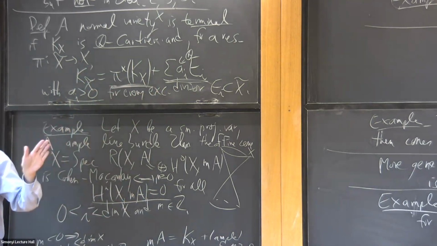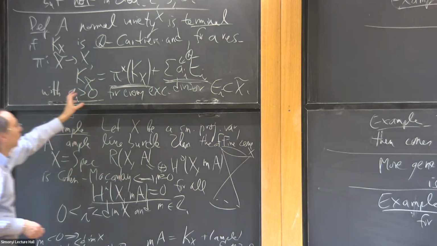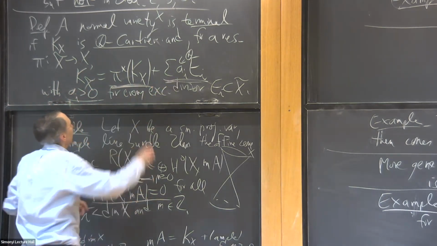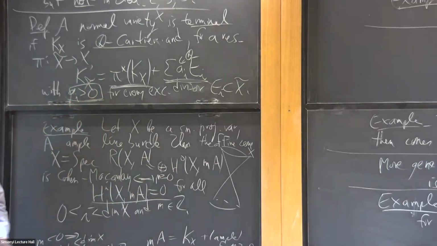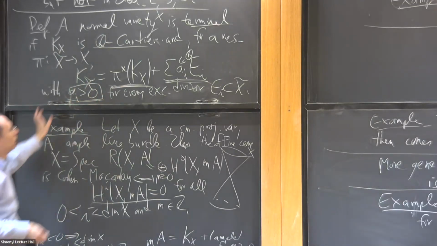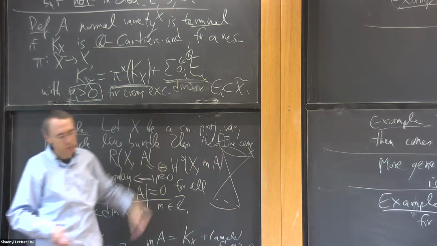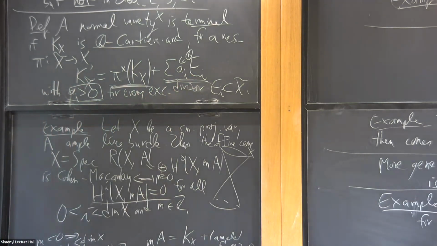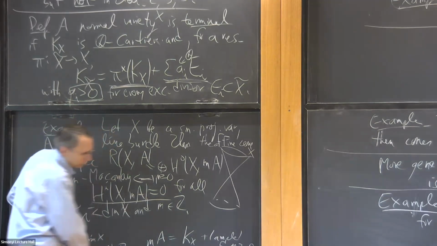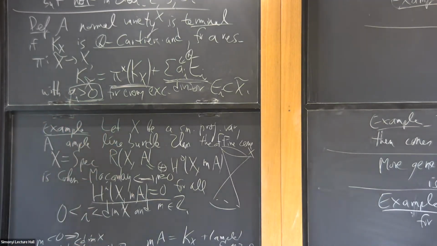When you pull back, you might get something that has poles on the exceptional divisors. This condition is precisely saying that when you pull back a differential form, it has no poles, and in fact, more than that, it actually vanishes on these exceptional divisors. So your singular variety behaves like a smooth variety, in the sense that you can pull back differential forms, and it behaves the way pulling back differential forms does on a smooth variety.